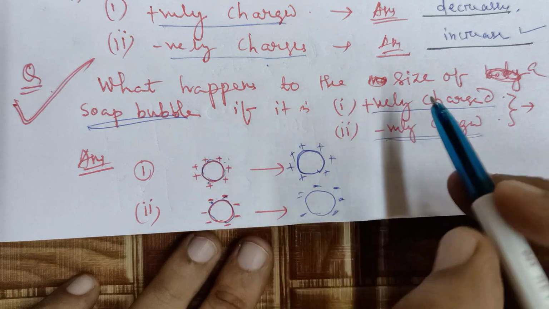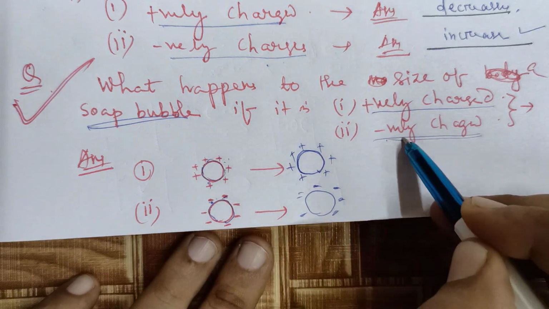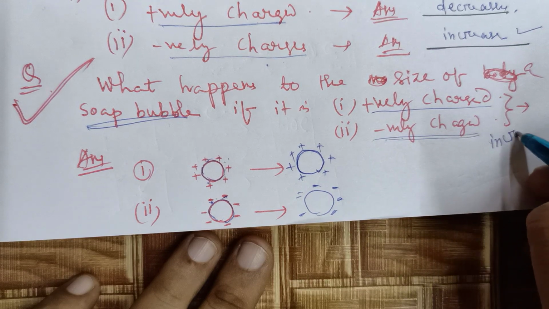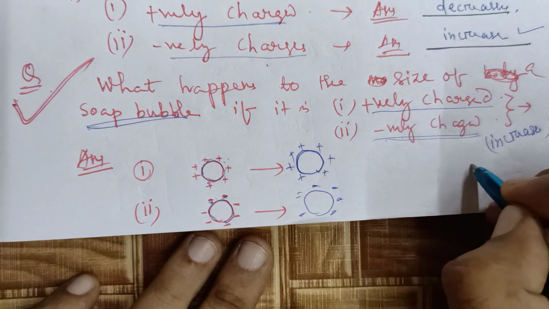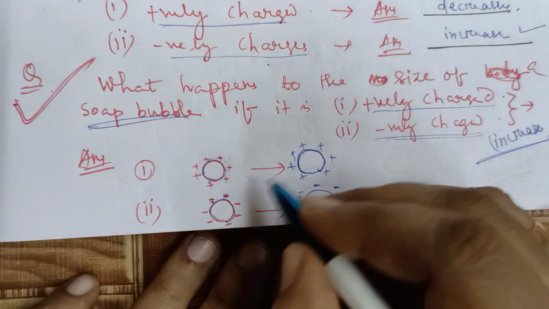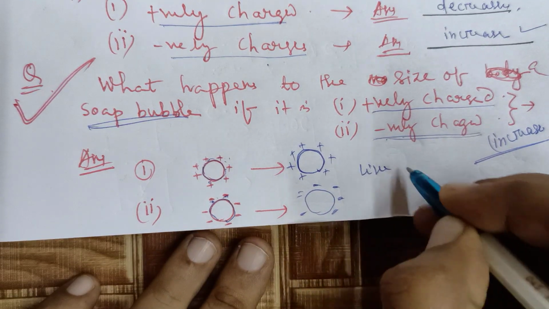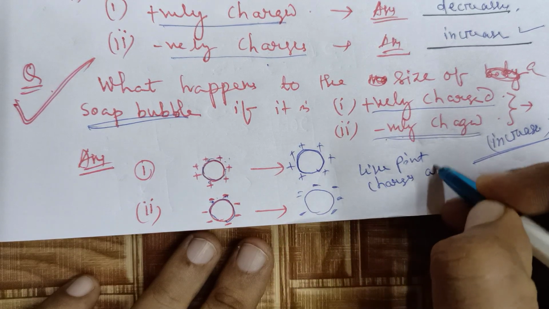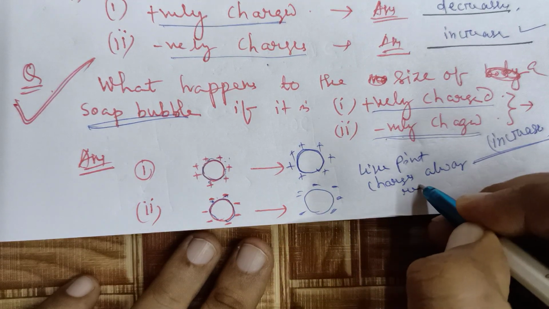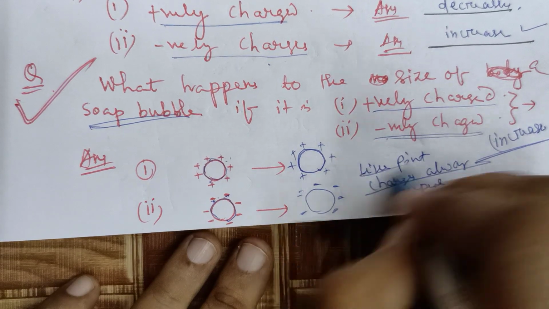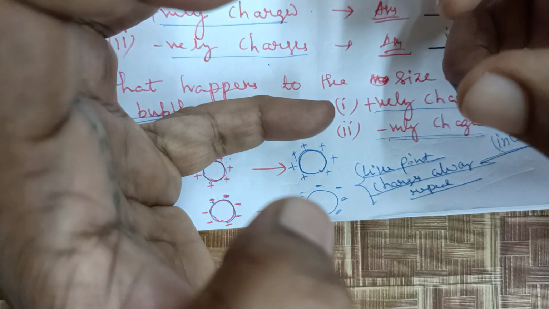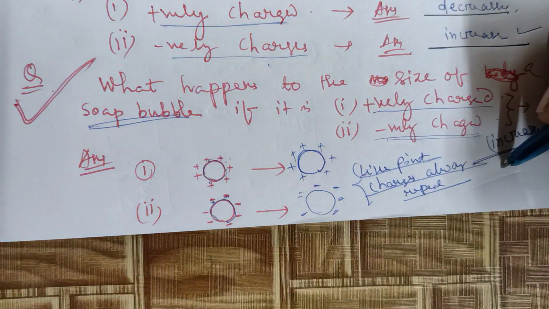So in this question, whether it is positive charge or negative charge, the size of the soap bubble increases. If the question asks why, the answer is: like point charges always repel, so they move away from each other, and moving away from each other means the size increases.